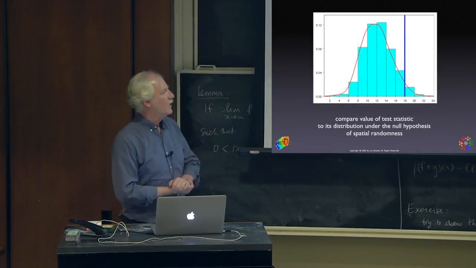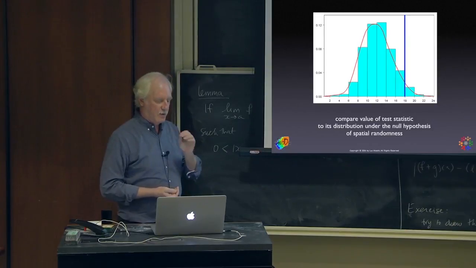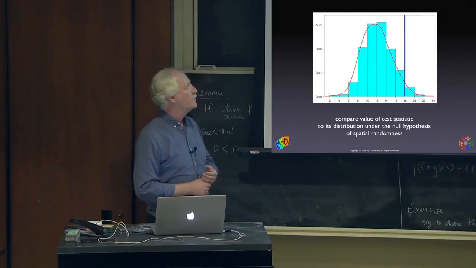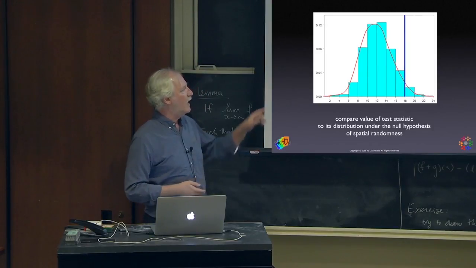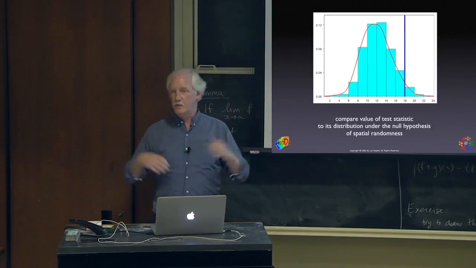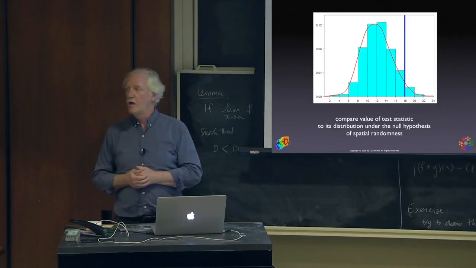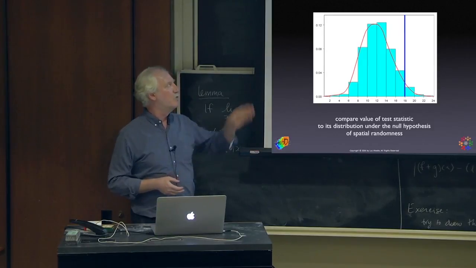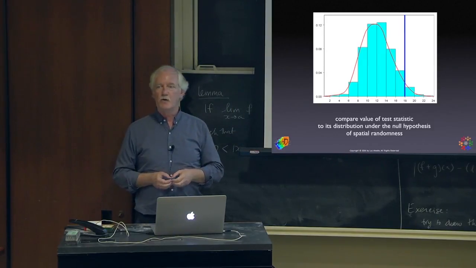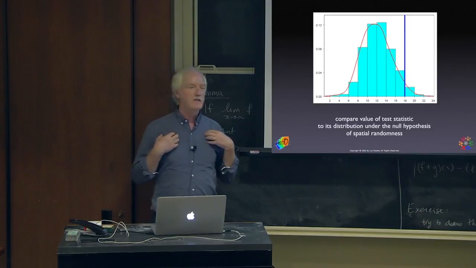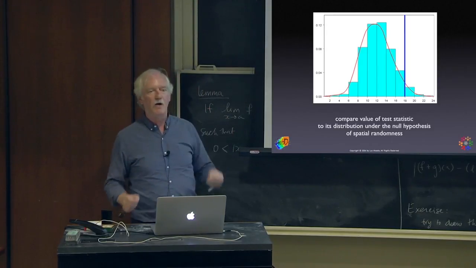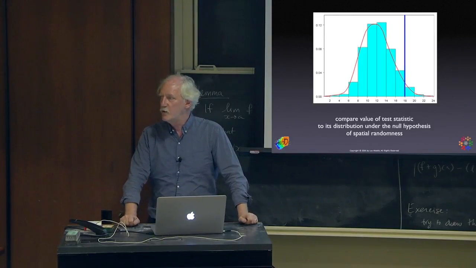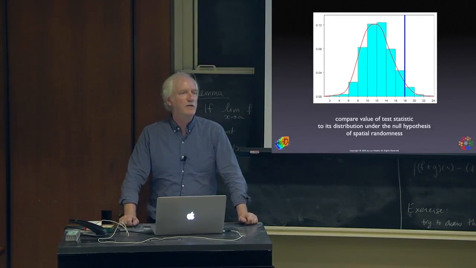It's actually taken from a joint count statistic, which is one of the spatial autocorrelation statistics. So under the null hypothesis, we have the red curve, right? That's just a bell-shaped curve. The statistic that we compute from the data is this blue bar that goes up. So our decision problem is: is this blue bar unlikely to come from the red distribution, or does it follow the red distribution?